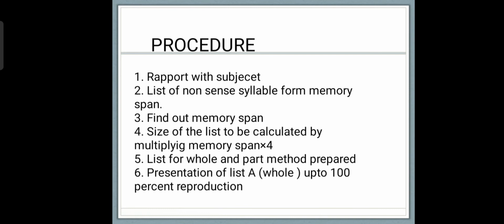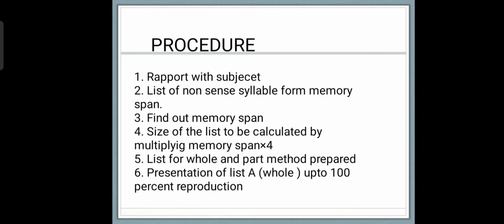In the same way, we have to prepare 2 more lists, the part lists, list B1 and list B2, having 6 and 6 syllables. That means whatever number of syllables there are in list A, we break that into 2 equal halves for the part learning, B1 and B2.